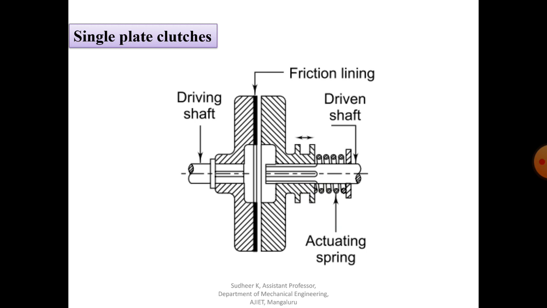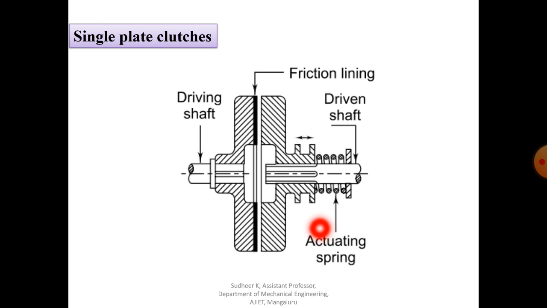The actuating force provided by the helical compression spring always forces the driven flange to move towards the driving flange. That is about the function of the actuating spring or helical compression spring.